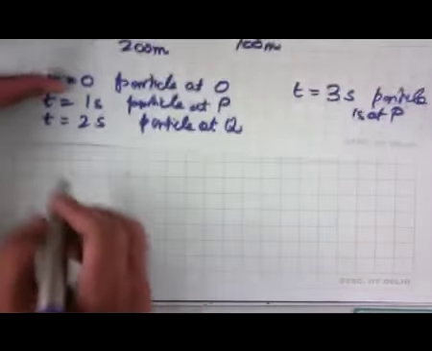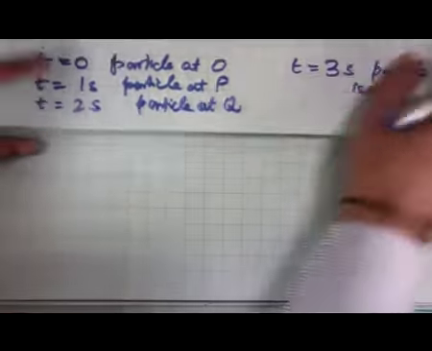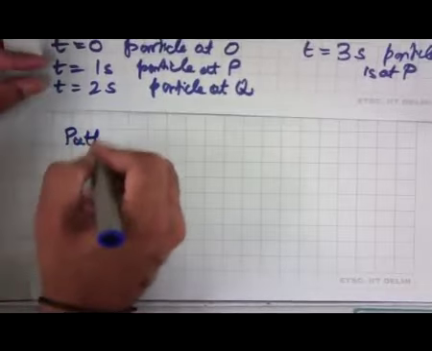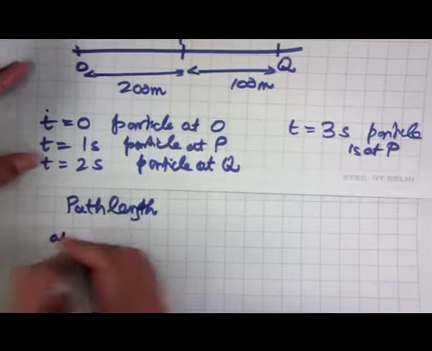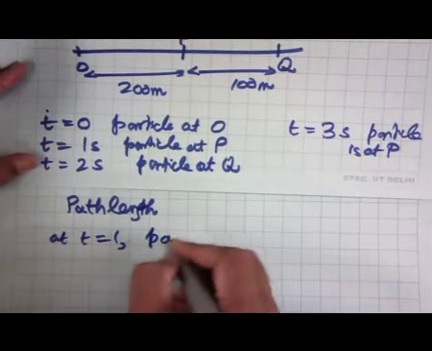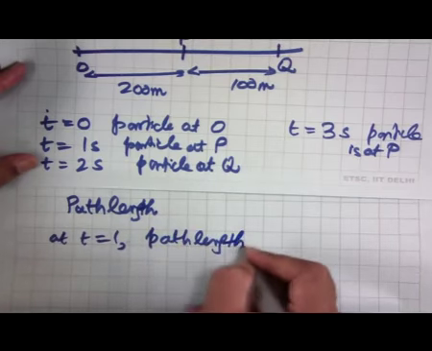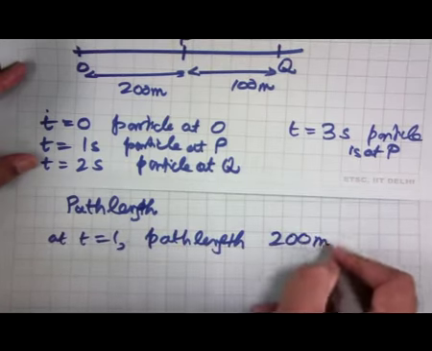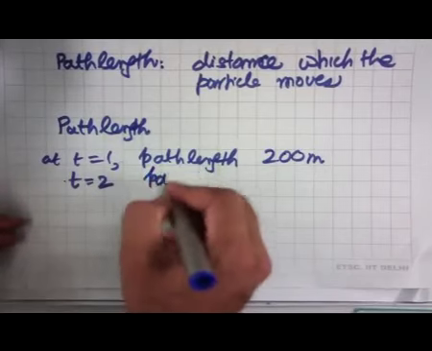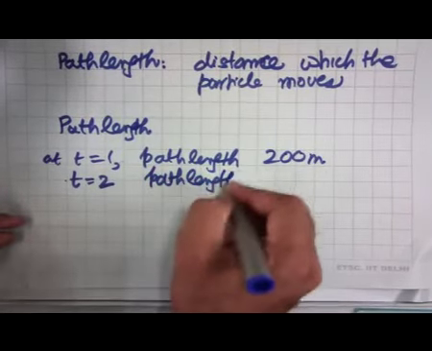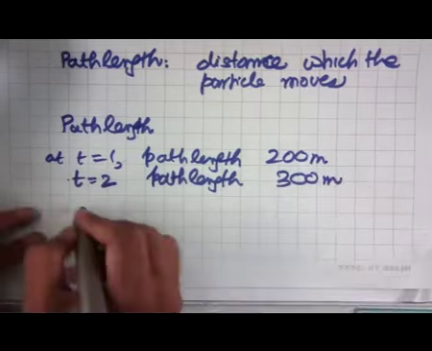Let us find the path length of this particle. At t is equal to 1, the path length is 200 meters. At t is equal to 2, the path length moved is 300 meters.